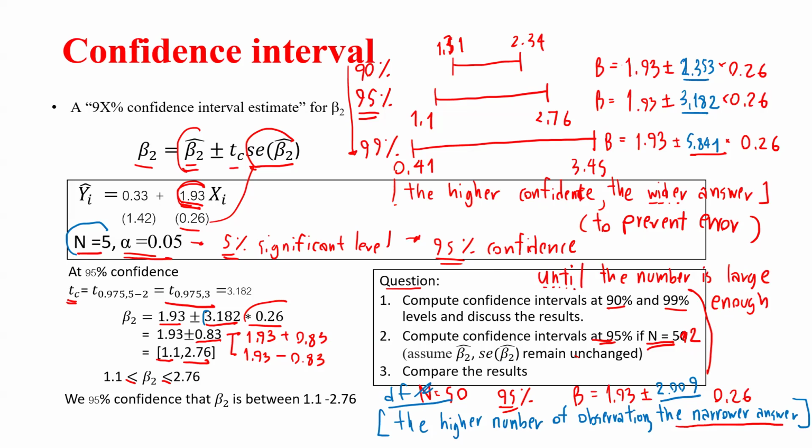If your number is large enough, even if you collect more data, it will not improve your answer anymore because your number is large already. That's why sometimes the table provides just some certain numbers and then says infinity. It means the number is close.